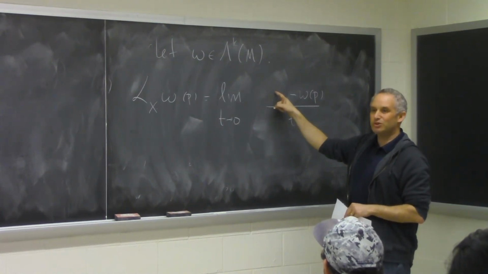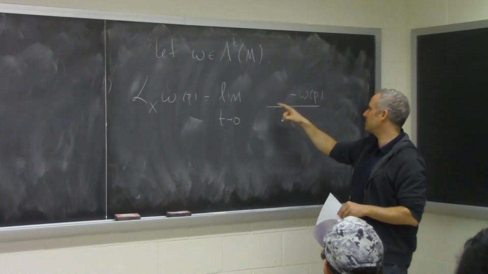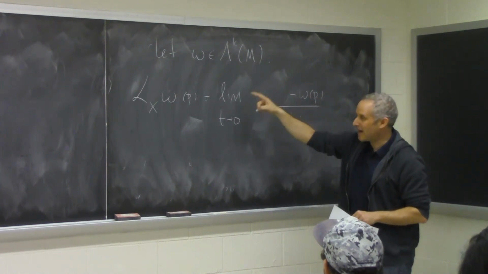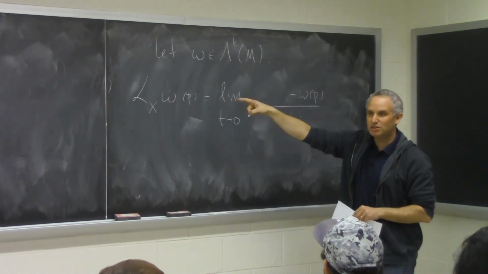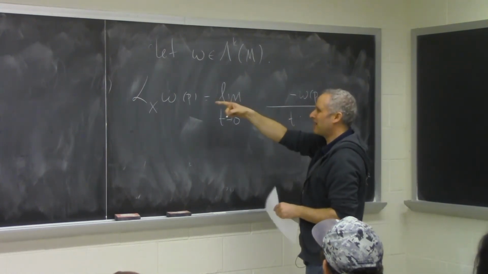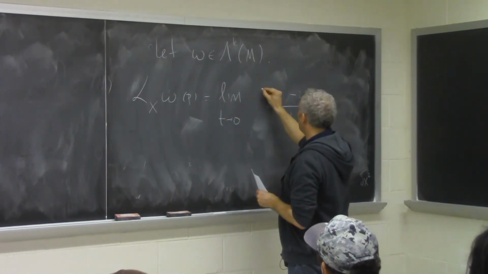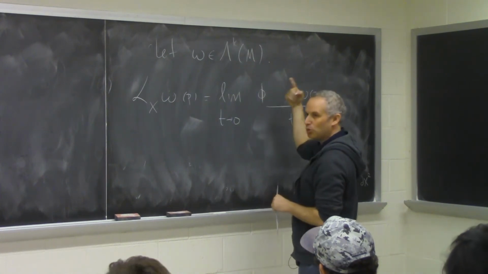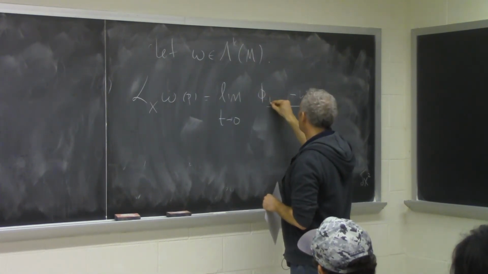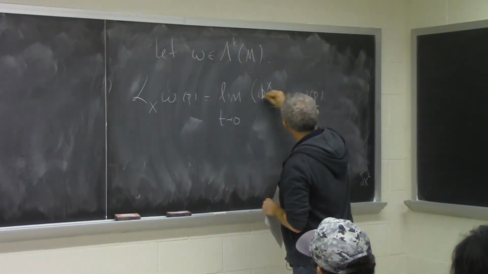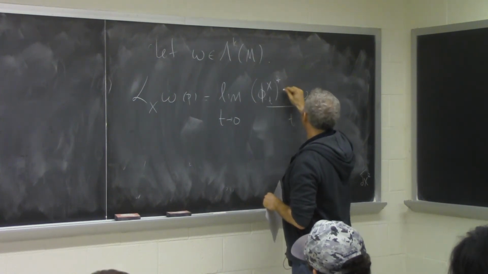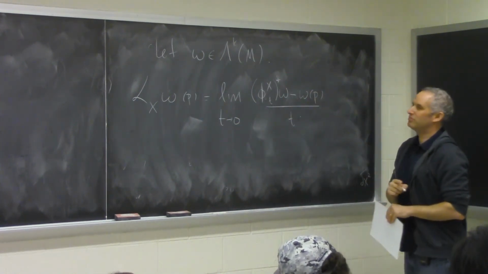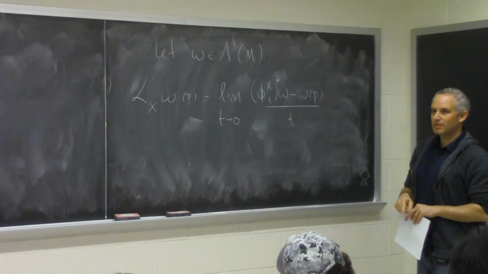These are the space of alternating k tensors on the tangent space at p, and this would be at phi xt of p. So we have to change that. And here we have a very simple operation. We have the pullback. So we have phi minus tx star of omega, and that lies in the right vector space.